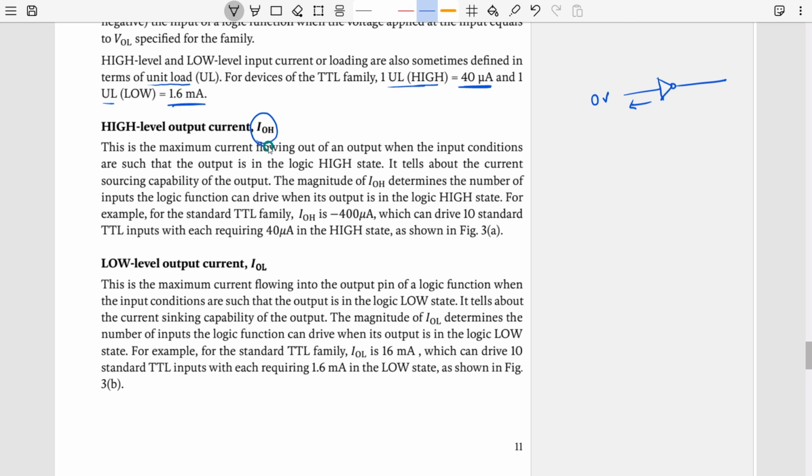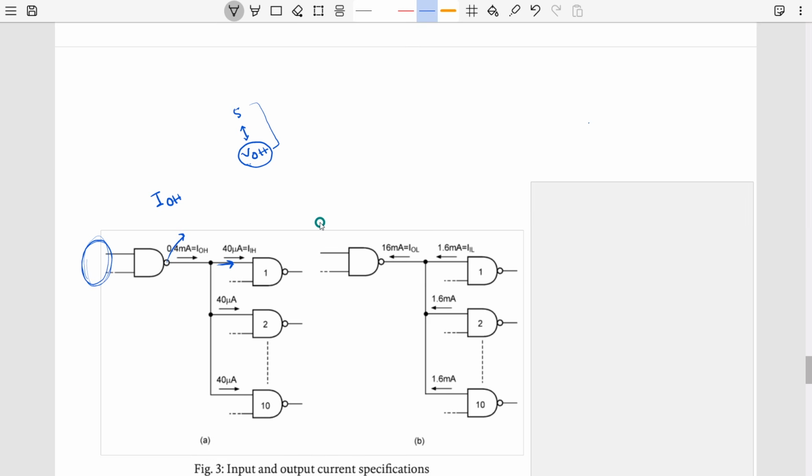For this one, even though it is not written here, the voltage we take at that condition is VOH. Whenever the output is exactly outputting VOH, what is the maximum amount of current it can provide until it behaves abruptly?